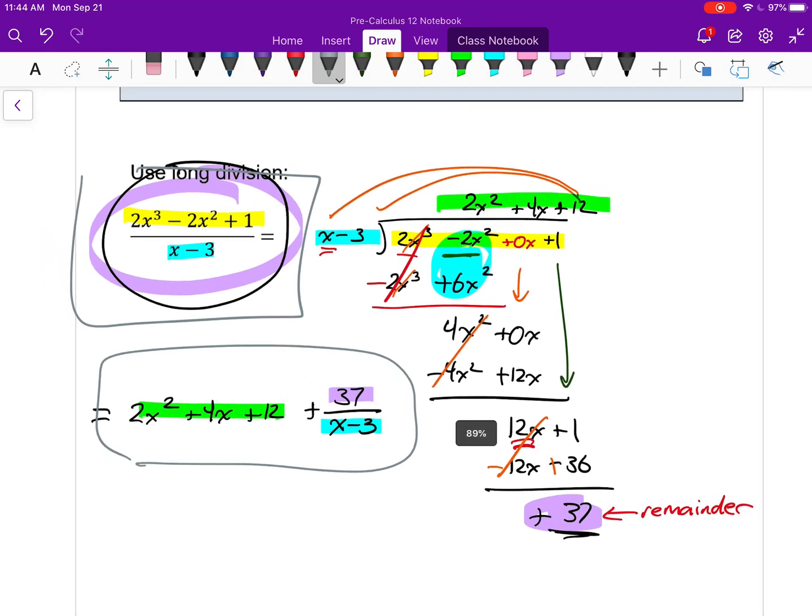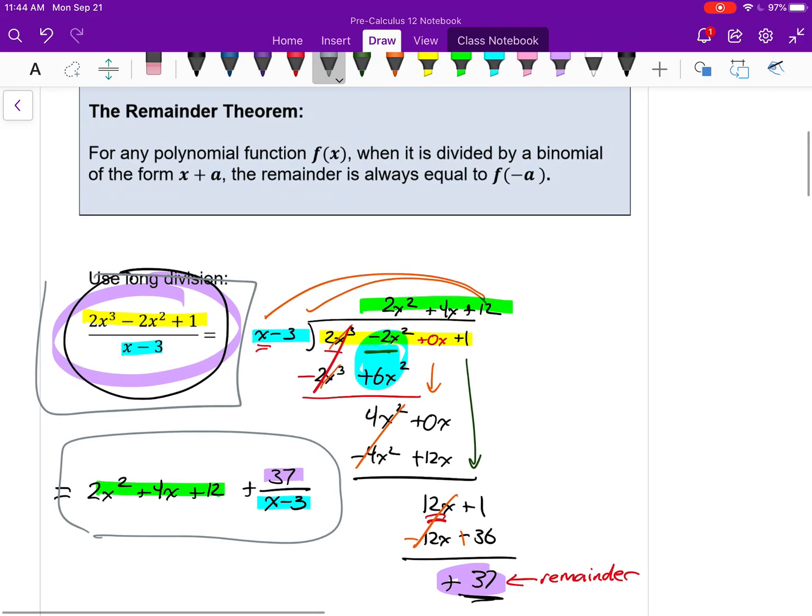Lastly, let me now come back to the remainder theorem. The remainder theorem says here, if you have any polynomial, in this case, the polynomial I'm dividing by is what I've been highlighting in yellow. If you divide it by a binomial of the form x plus a, in this case, I was dividing by x minus 3, the remainder is always equal to f at negative a.